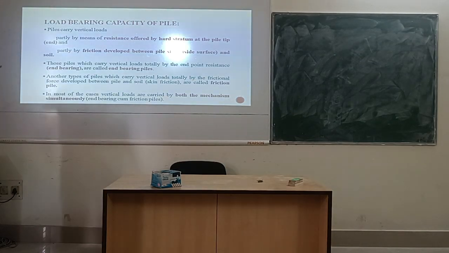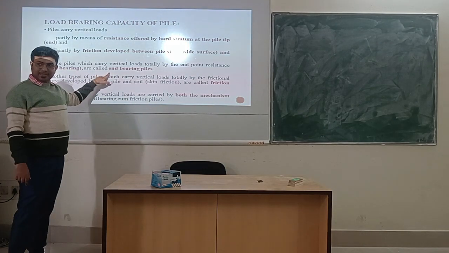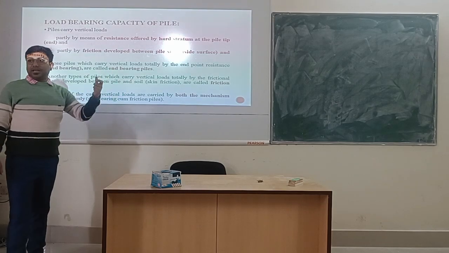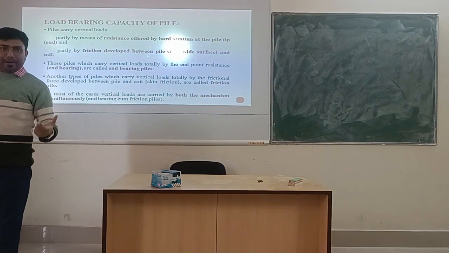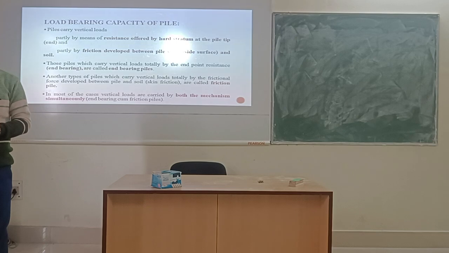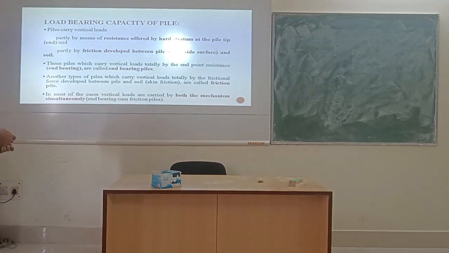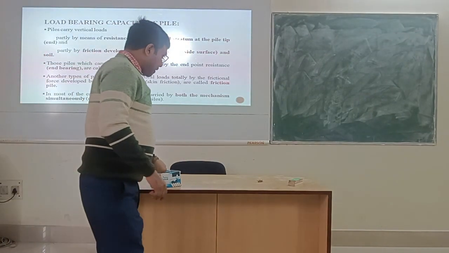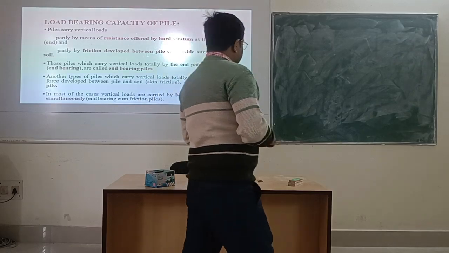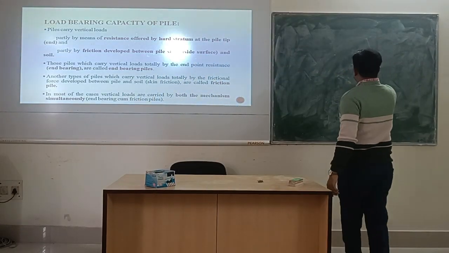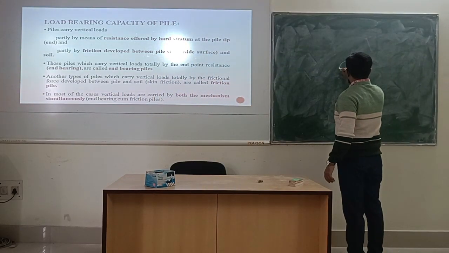But theoretically we can classify end bearing piles as those piles which carry the load by the end bearing mechanism. End bearing means by the end, that is the tip of the pile. Tip of the pile means if we see the top view of a pile, maybe it is circular, maybe a square.